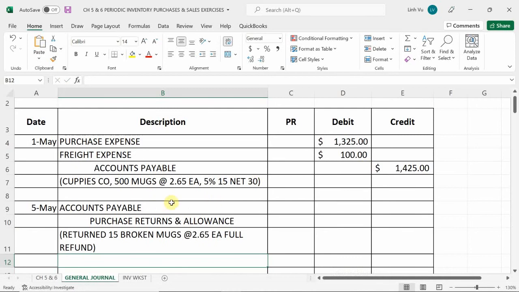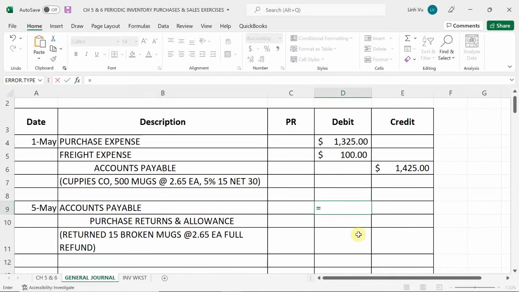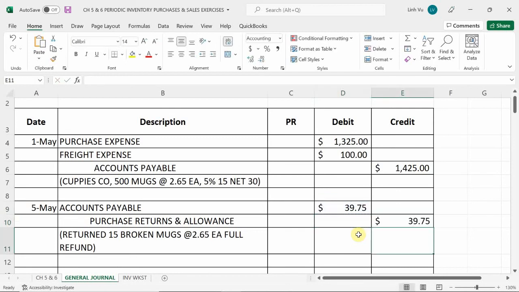So in this case, what was the total amount of my refund? 15 times $2.65 gives you $39.75. You are not allowed to return shipping. So in this case, $39.75 is what I am getting a refund for.